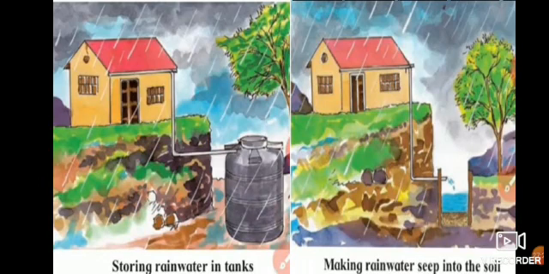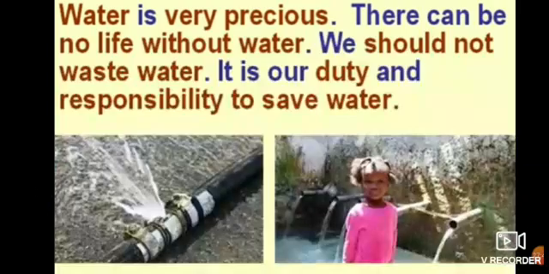See here, you can see the roof water is being stored in the tank. In another picture it is seeping into the soil. So it helps to preserve the water.